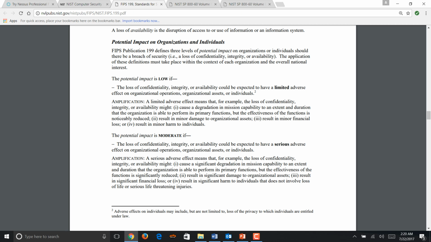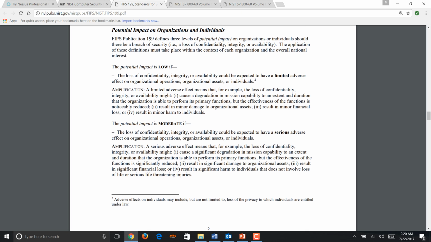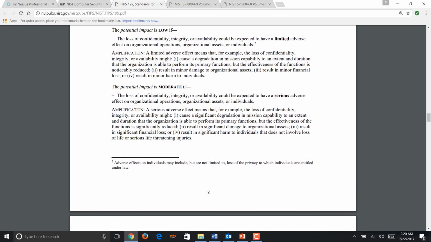Result in significant damage to organizational assets. 3. Result in significant financial loss. 4. Result in significant harm to individuals that does not involve loss of life or serious life-threatening injury. So that is the definition of a moderate potential impact.